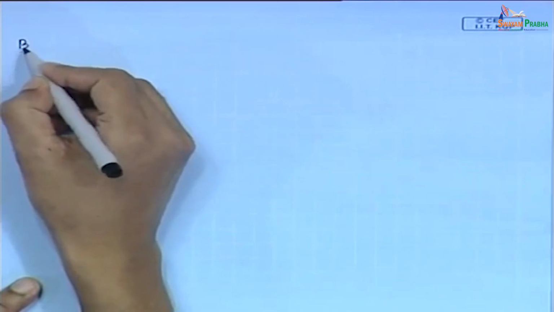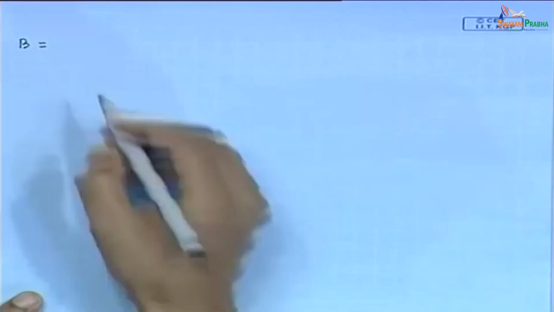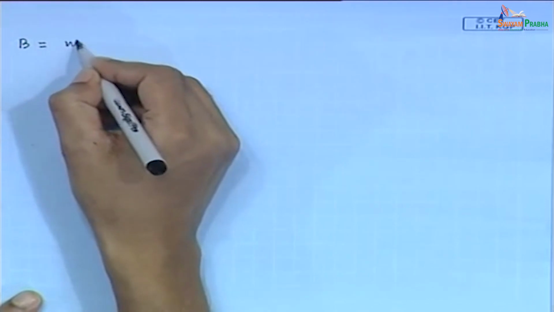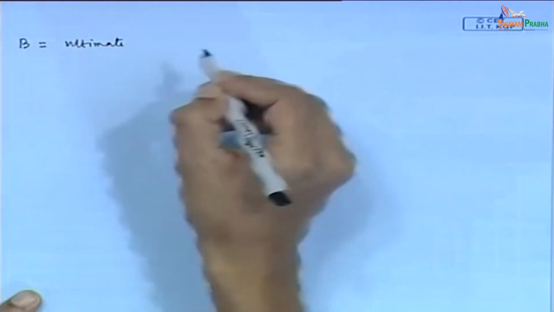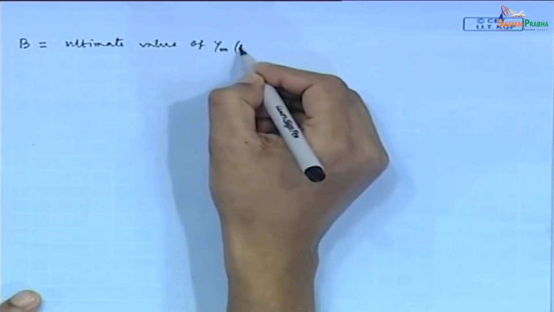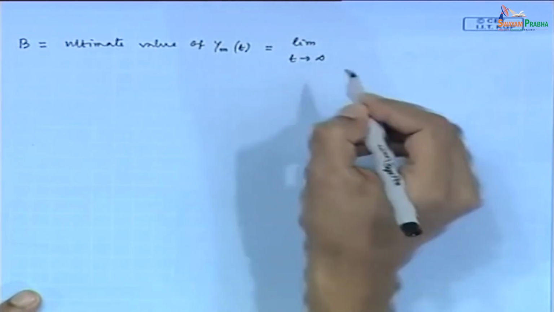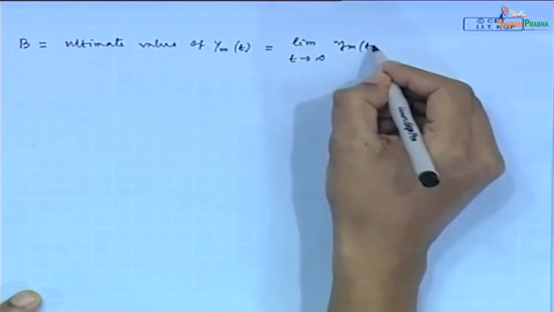Can you determine the ultimate value of Ym(t)? We represent the ultimate value of Ym by B. So, B equals limit t tends to infinity Ym(t), that is 1 by 9.